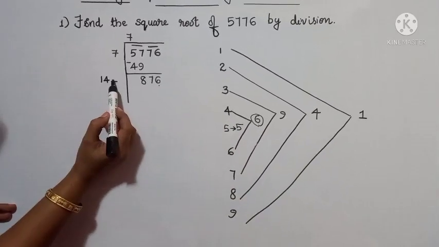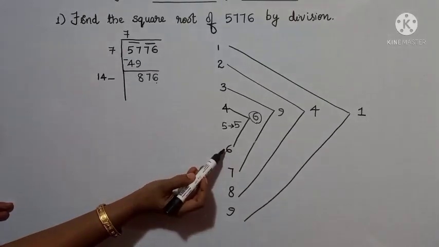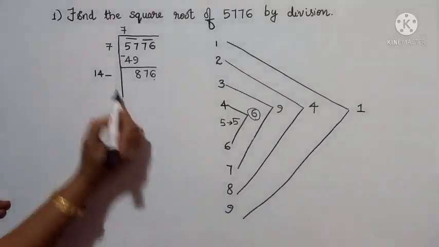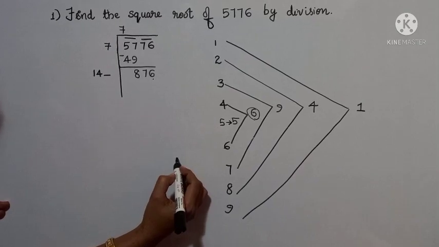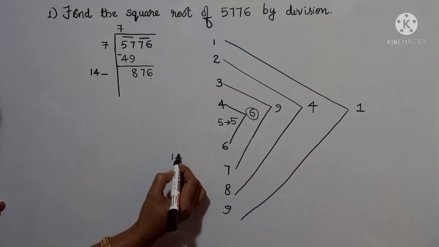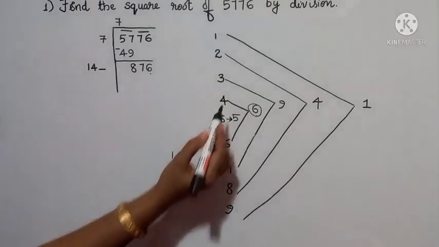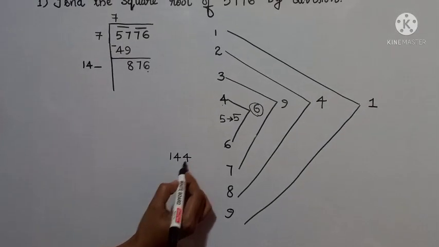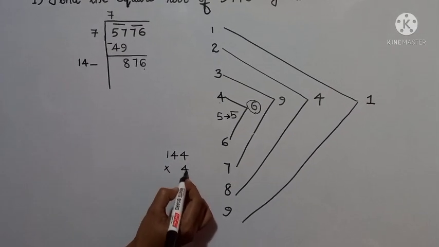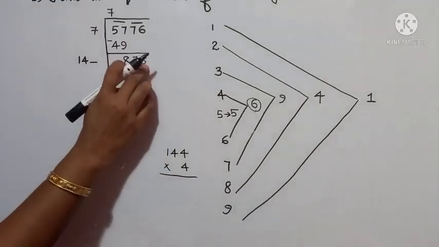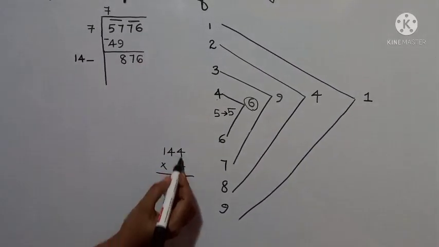Then here we have 6, so the place will be occupied by either 4 or 6. We can check if 4 is coming there: 144 into 4. If we get 876 here, then we can select this digit 4.